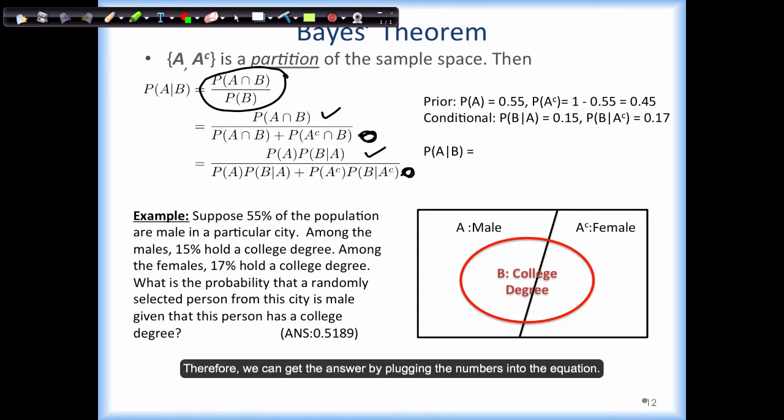Therefore, we can get the answer by plugging in the numbers into the equation, and then we can find the probability of A given B.